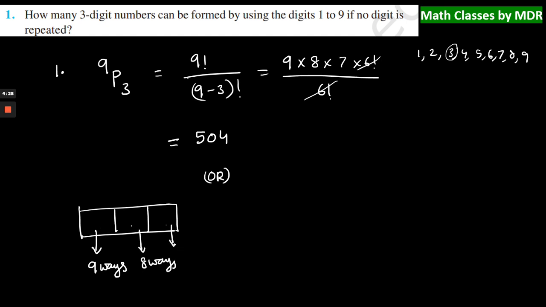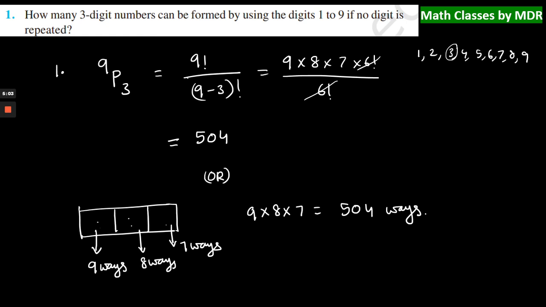Then, because 2 digits have already been used, the third box can be filled in 7 ways. So in total, 9 into 8 into 7 gives you 504 ways to arrange the 3-digit numbers out of 9 digits. I hope it is clear.